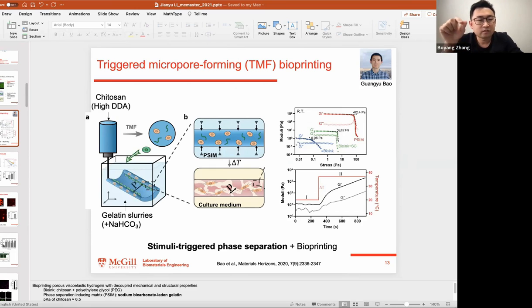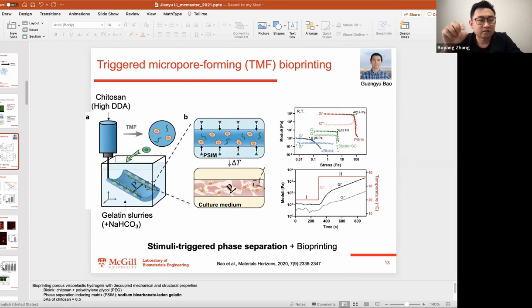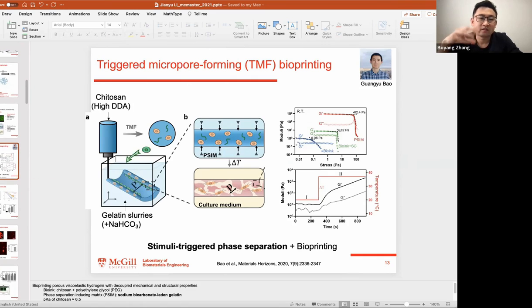So with chitosan, if I understand it correctly, you're cross-linking chitosan first, like the hydrogel is formed or cross-linked first, and then after that, you raise the temperature to change the phase of gelatin and then to introduce the pore. Is that correct?